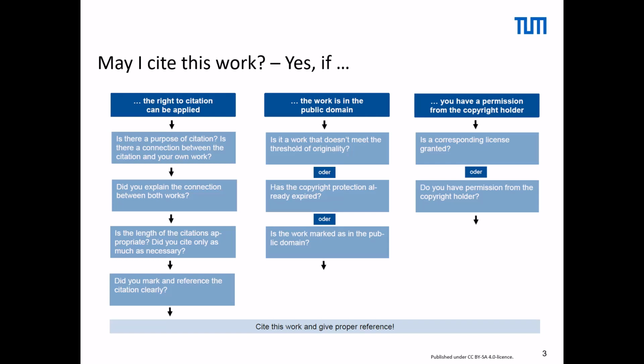Or if you have a permission, so you can always ask the copyright holder for permission. And in many cases, this is the author, but in many other cases, this might also be the publisher. And in any case, here, as with any other case, you have to mark the reference and give a proper reference.